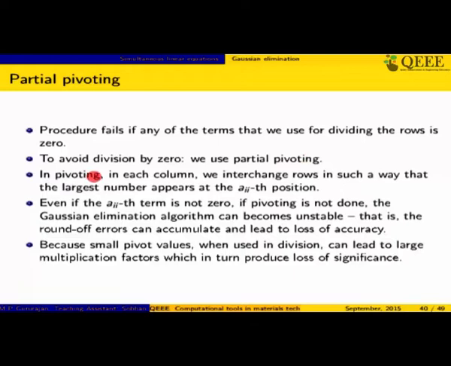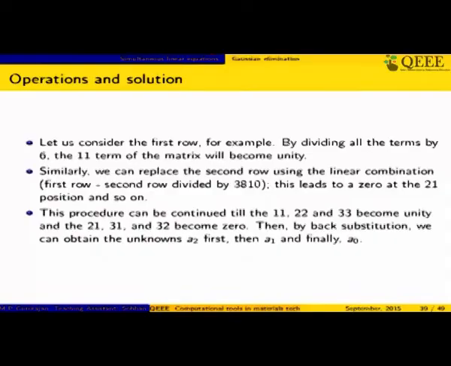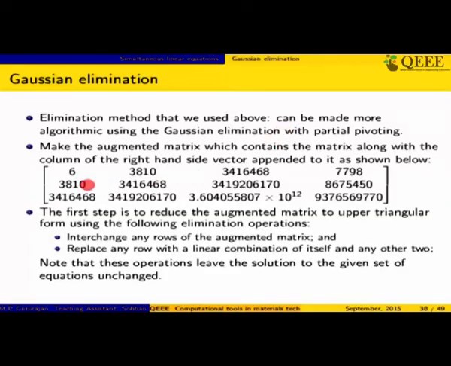In pivoting, in each column, we interchange rows in such a way that the largest number appears in the ith position. So for example, if you take this column, this is the largest number, and it is at this position. And if you take this column, you would expect this to be here, because that is the largest number and that will be the A22 position, and if you take this you would expect this to be here.